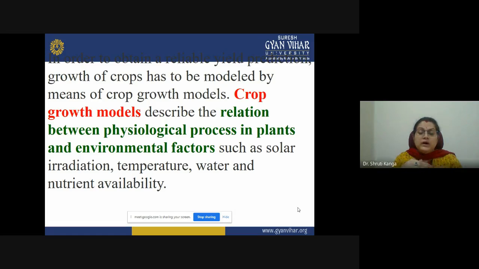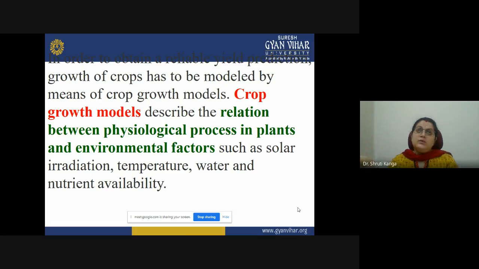Okay, so when we are talking about crop growth models, they can be applied when there is some relation in the physiological process and the environmental factors.